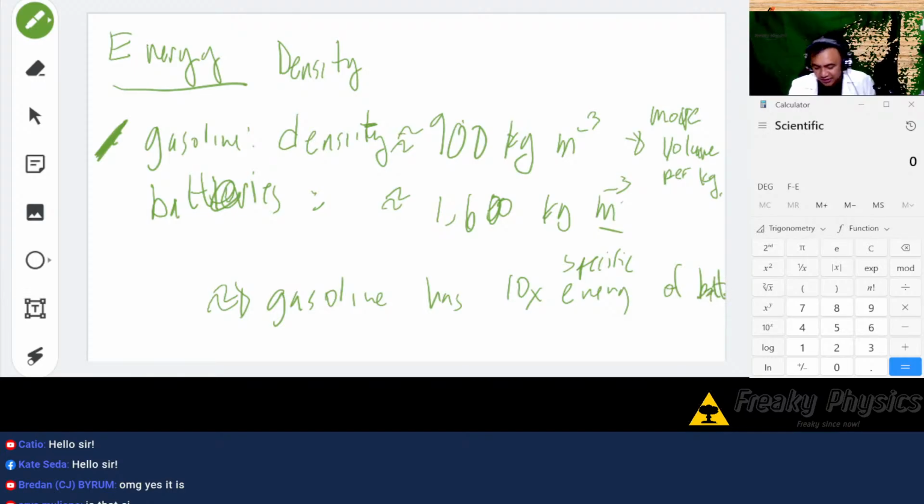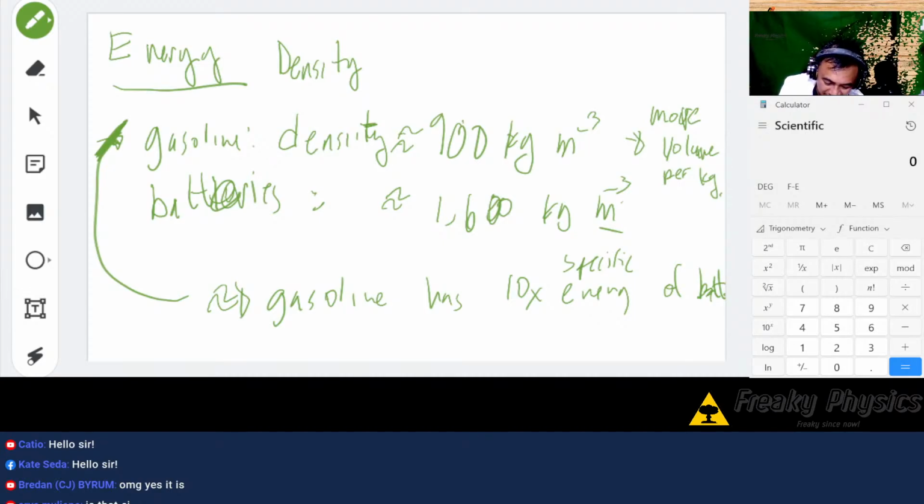Combined with the density of gasoline and the batteries, gasoline still has a bigger energy density, more oomph for the same volume. Okay, all right. So that's the basic concepts there.